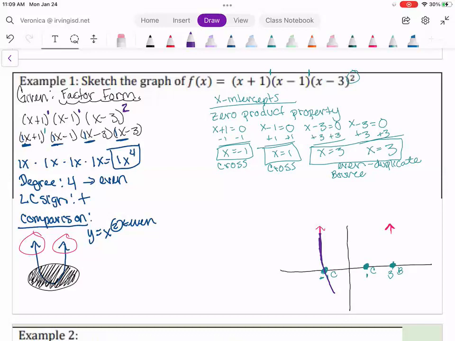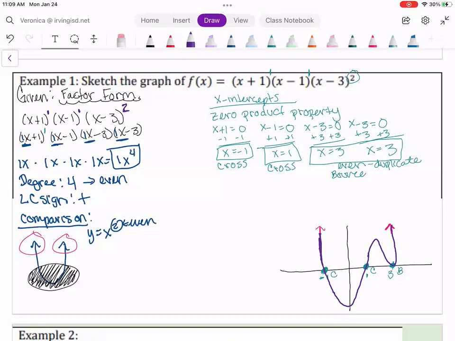And then the next x-intercept would be at 1, and it says I have to cross again, which means at some point this graph is going to have to turn to cross through at 1. And then at 3, there's another x-intercept, but it says B. It's going to have to bounce. So at one point, this polynomial is going to have to turn around, hit the 3 and bounce off of it, and then connect to your arrow. So that would be the sketch of this polynomial.